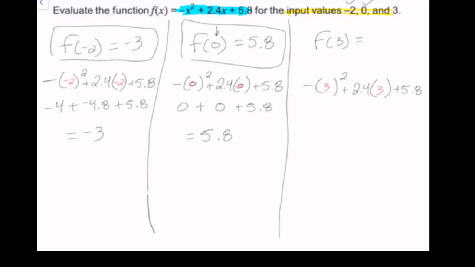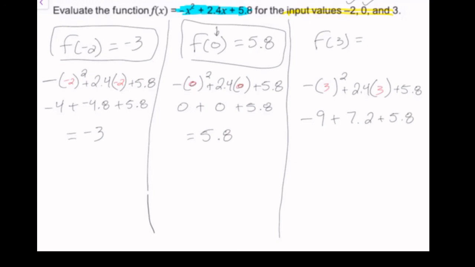And the last one, negative parentheses 3 squared plus 2.4 times 3 plus 5.8. -9 plus 2.4 times 3 is 7.2. 7.2 plus 5.8.